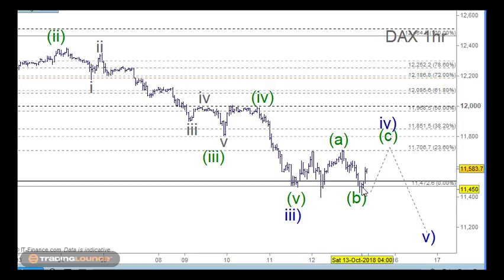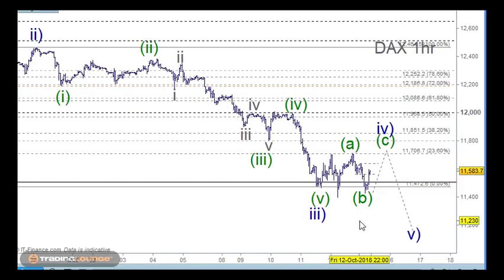Because it's moved up here and overlapped this little structure, I have to take this one out here to confirm it. But it's looking like all of this is an expanded flat wave A, then a simple wave B, and then a wave C here. If it's going to be a wave C, then it would probably just come back up into this space here and then move down from this point.